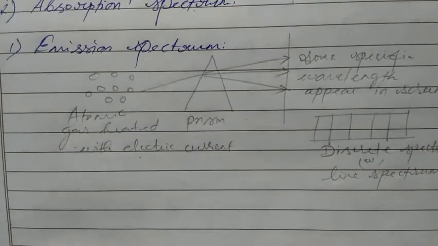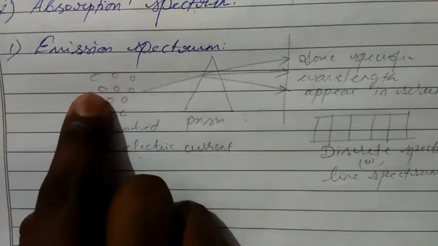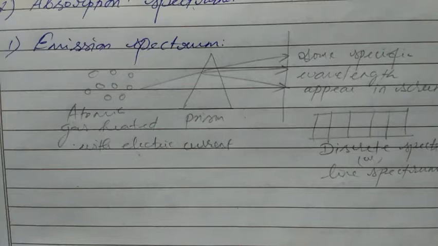In emission spectrum, we have an atomic gas which is heated with electric current. While heated, it emits some radiation. That radiation hits the prism. While it comes out of the prism, some specific wavelengths appear on the screen.